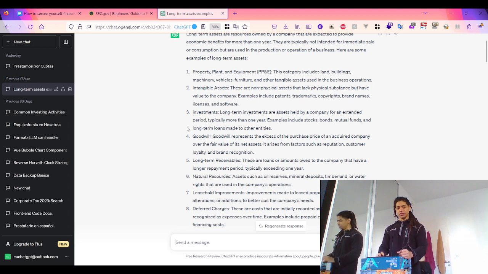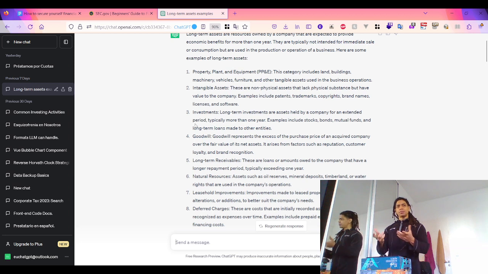From the company's perspective, they are expected to provide some economic benefits or value for more than a year. So property, plant, and equipment, intangible assets, investments, goodwill, and leasehold improvement are a couple of these long-term assets.